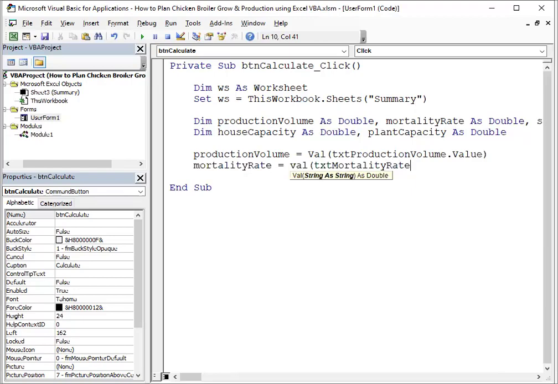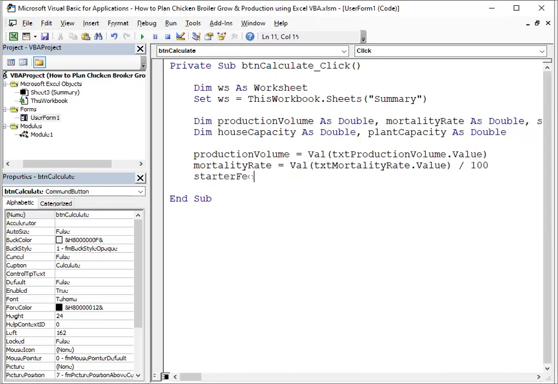All right, that value. I'm going to be putting some values in this, then close it, then slash 100. This is to convert percent to decimal. So the next one would be starter feed.